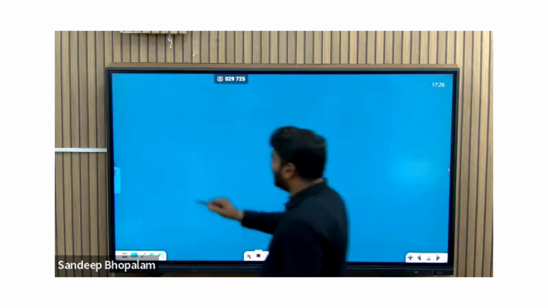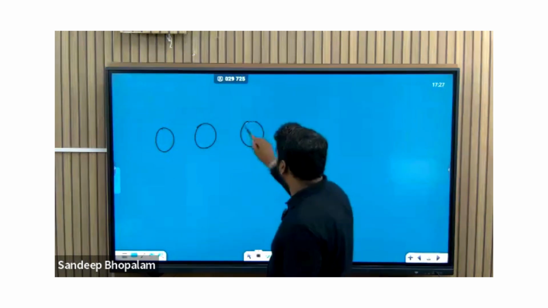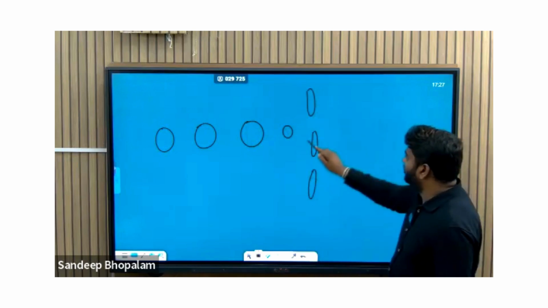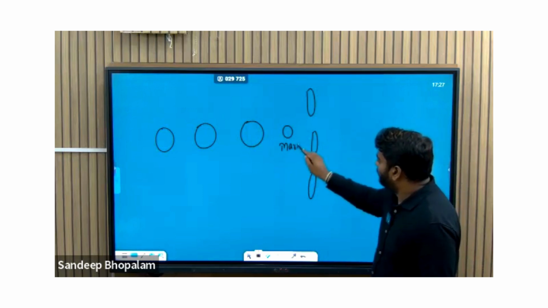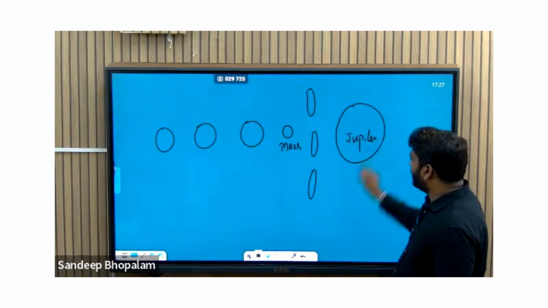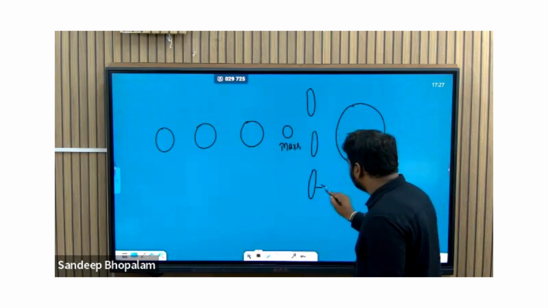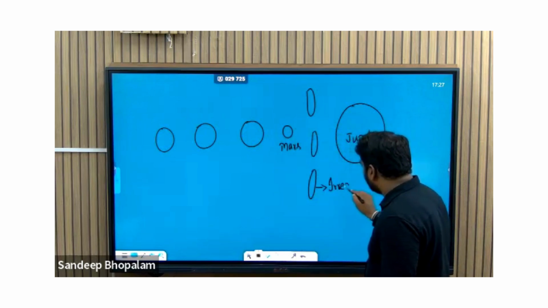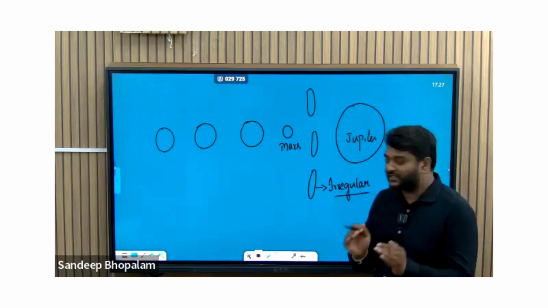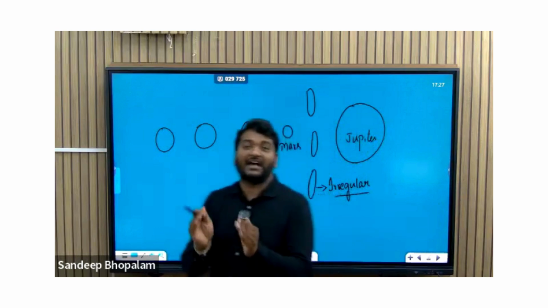Now, if you take inner planets, Mercury, Venus, Earth, Mars, and whatever is present in between Mars and Jupiter, the irregular shaped rocks which are present in between Mars and Jupiter is known as asteroid.